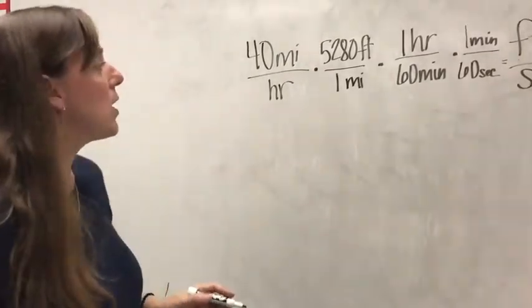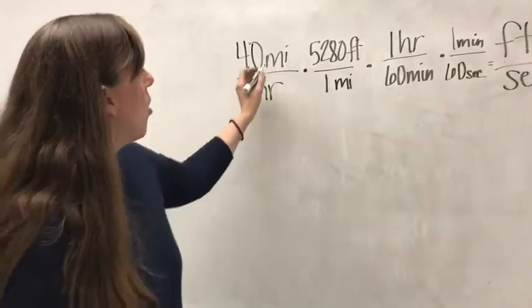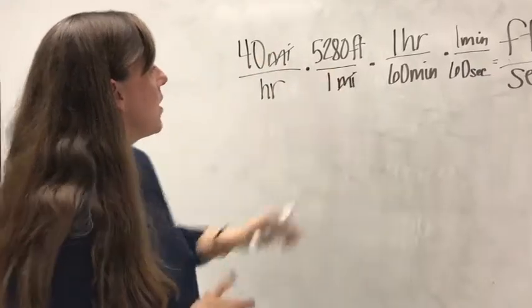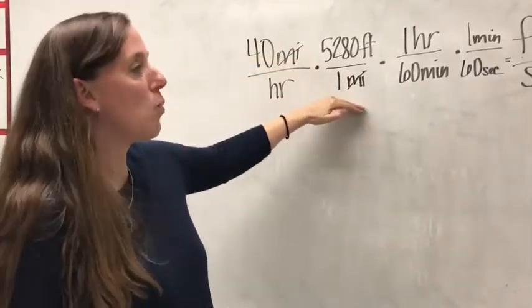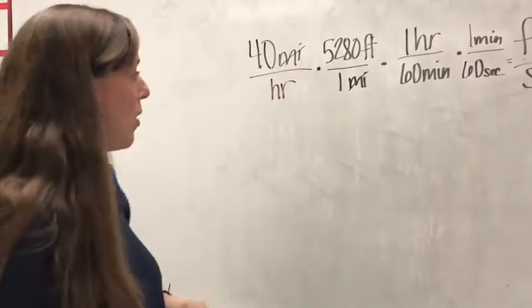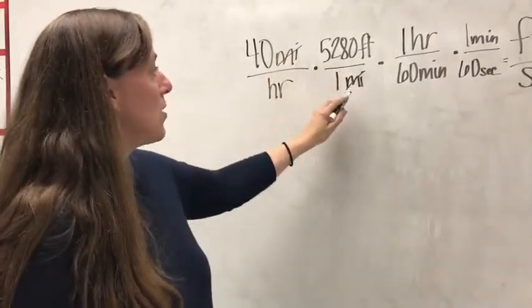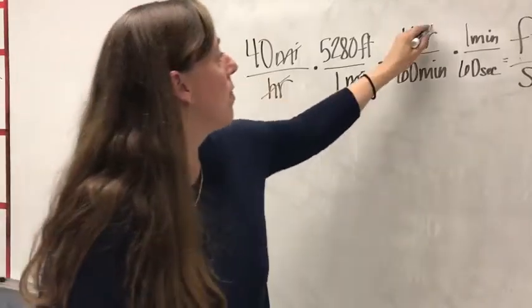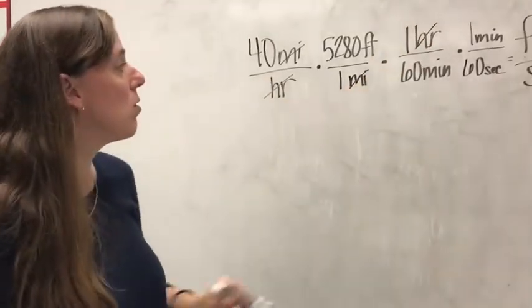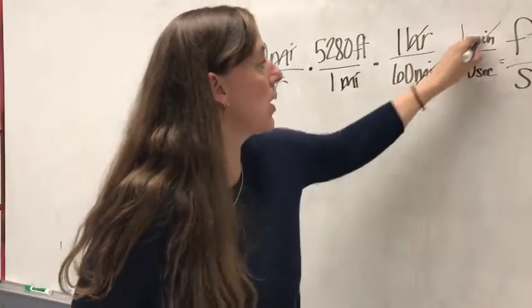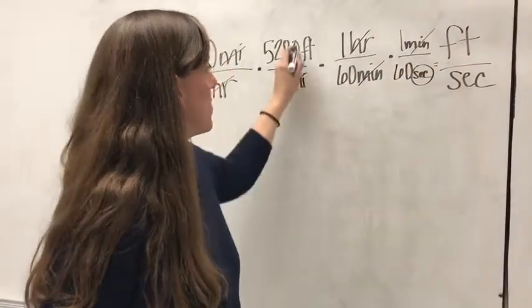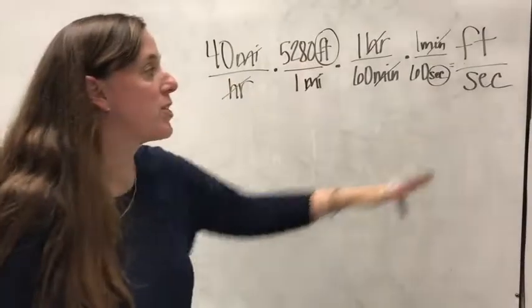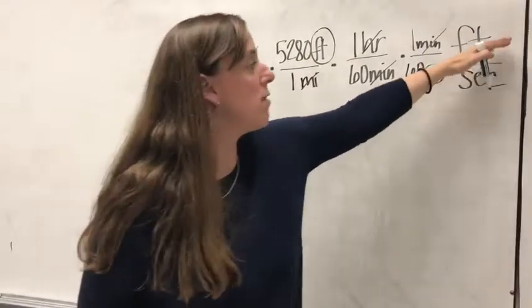Okay, so then what happens is all of these, when you have a mile in the numerator and 1 in the denominator, they cancel out, okay? So the miles are gonna cancel, the hours are gonna cancel, the minutes are gonna cancel, and all you have left is seconds and feet, which is exactly what we're looking for, okay?